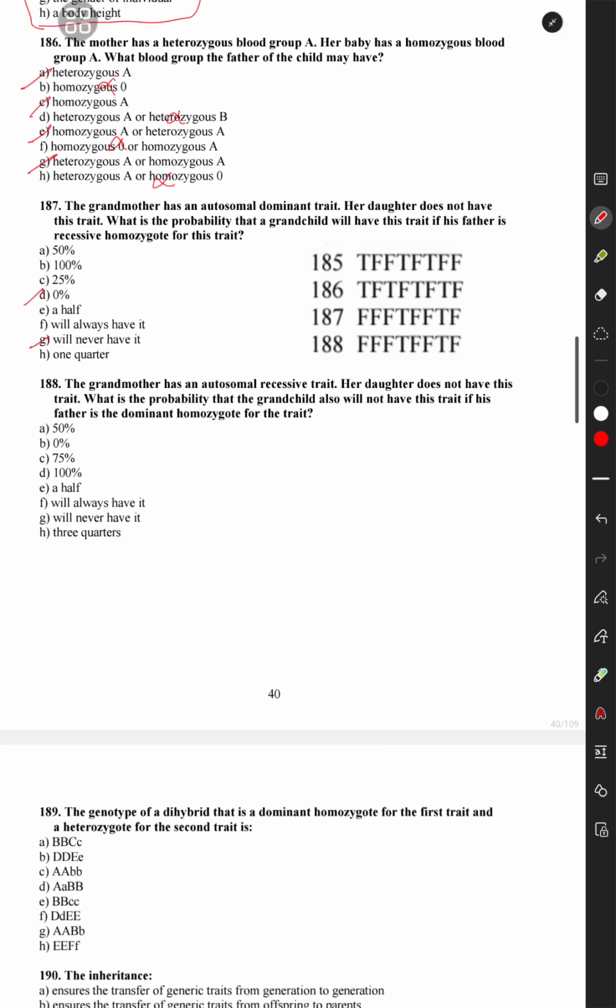Okay. The grandmother has an autosomal recessive trait. Her daughter does not have this trait. What is the probability the grandchild will also not have this trait if his father is the dominant homozygote? 0%, will always have it. False, true, false, false, false, true. Autosomal recessive trait.